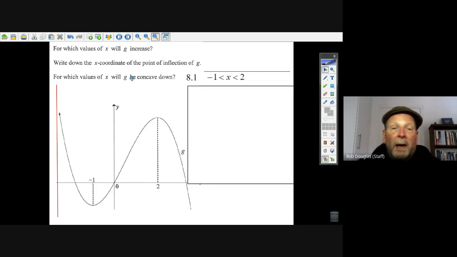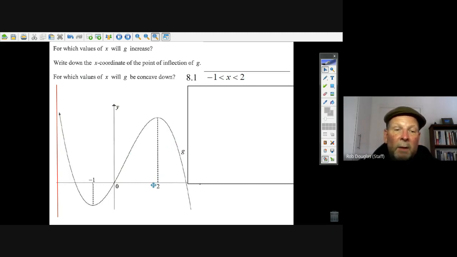write down the x coordinate of the point of inflection of g. Well, the point of inflection is where it changes concavity from concave up, shaped like a cup, to concave down, shaped like a hat. Where does that change happen? Well, this is only a 2-mark question, so it's a bit of a hint that it's a very simple thing.